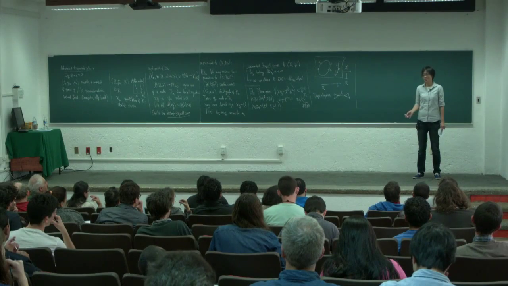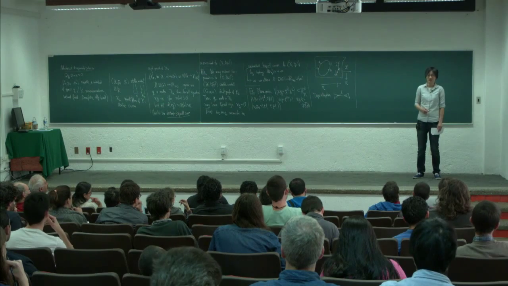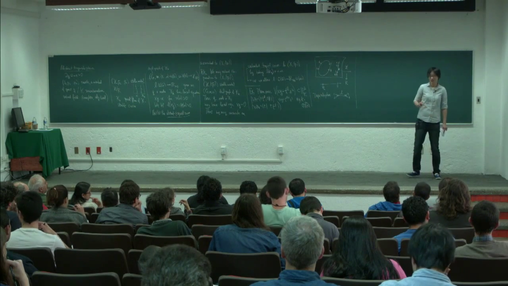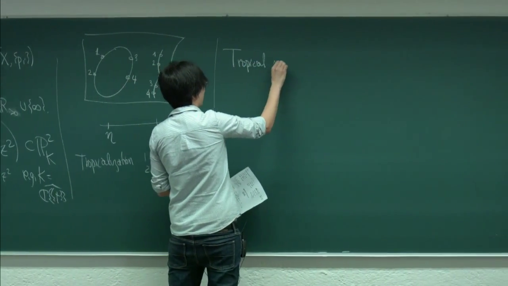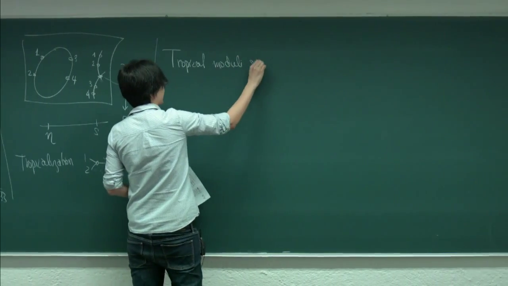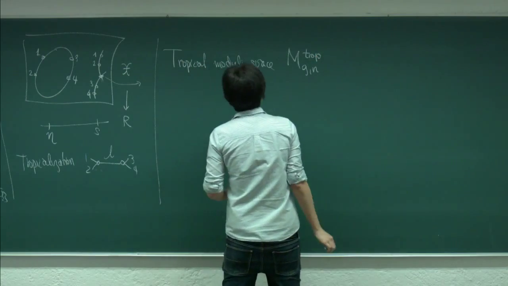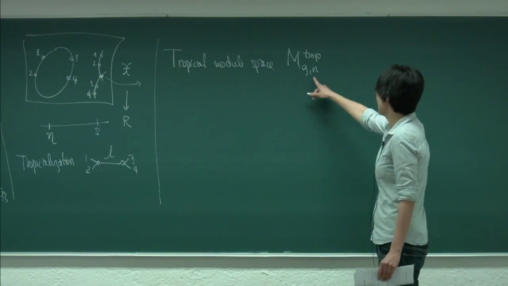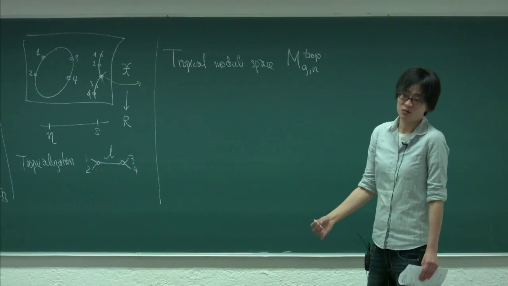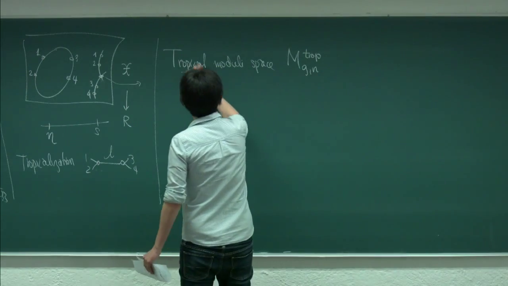What we're about to construct is a cone over the boundary complex of the Deligne-Mumford compactification by stable curves. But I'm going to do this one step at a time. So let's do the combinatorics now, involved in the construction of the tropical moduli space M_{g,n}^trop, which at the moment should just be a space that reasonably parametrizes the tropical curves of genus g with n marked points, up to isomorphism.